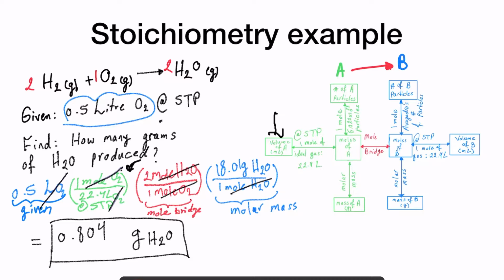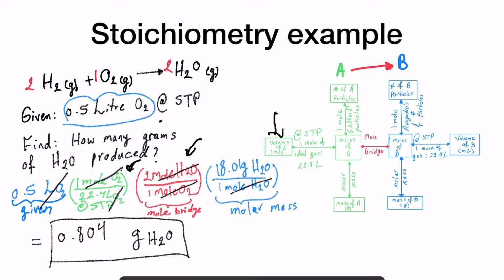We have taken this from the liters of O2 to the moles of O2. Now we can use the mole bridge. The balanced chemical reaction tells us 2 moles of H2O for 1 mole of O2. That is this guy right here, the red giant one. That's the mole bridge that comes straight from the balanced chemical reaction.